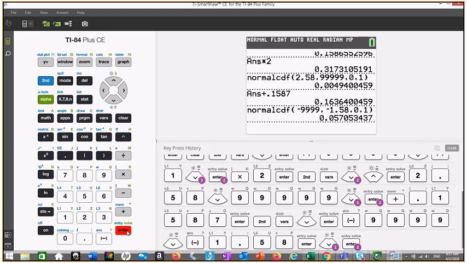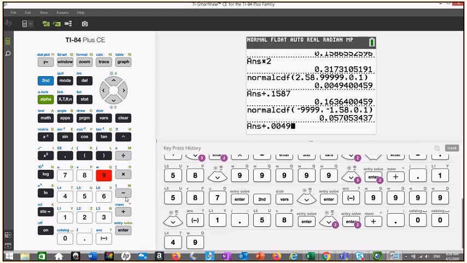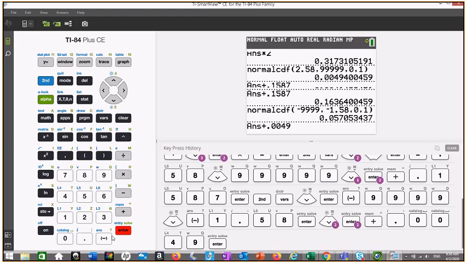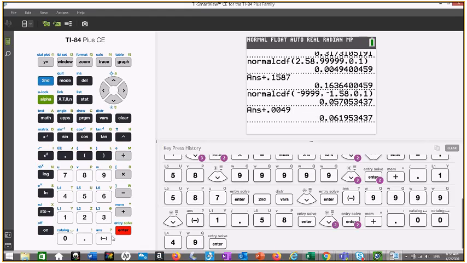And we're going to add that to 0.0049. And that's going to give us 0.0620. That should be your answer.